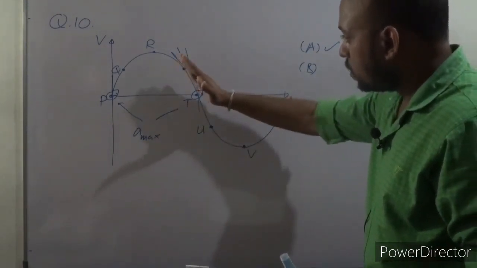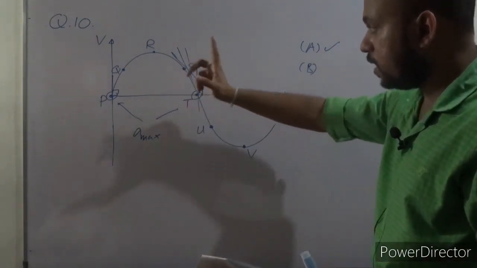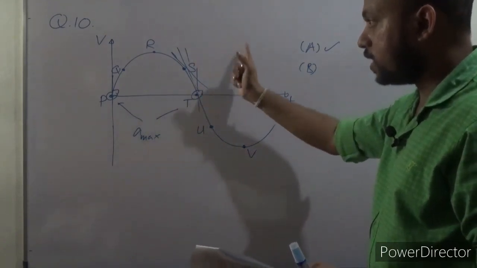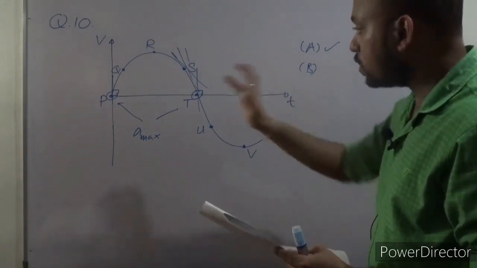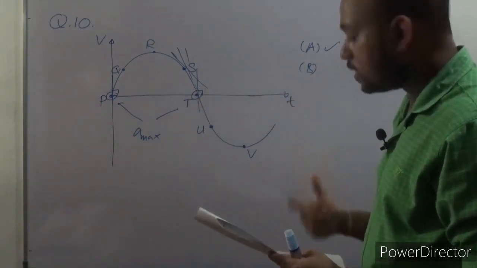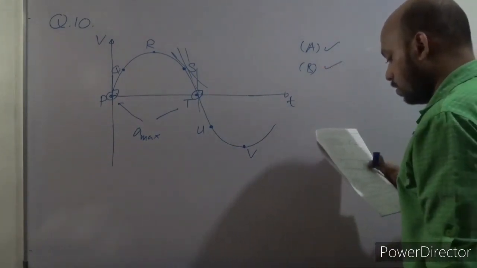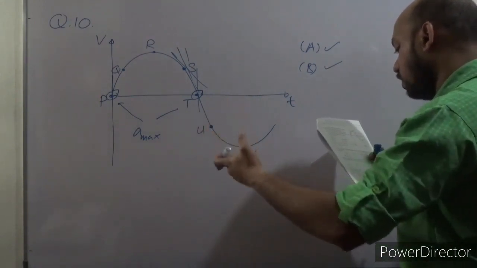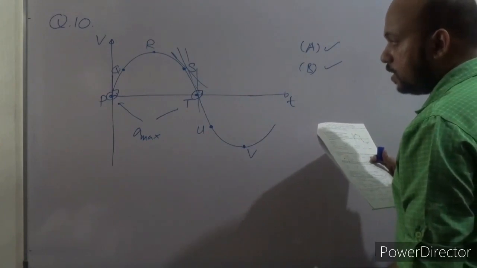Now the minus nature, it is decreasing, it means minus acceleration to the positive direction, so deceleration towards the positive direction. So B is correct. The motion from S to T is deceleration in its initial direction.